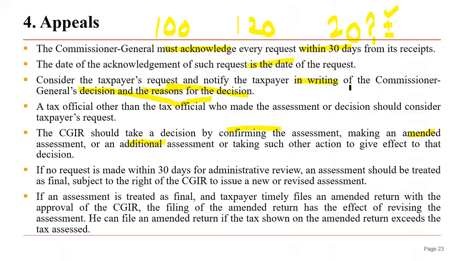If no request is made within 30 days from the administrative review, the assessment is treated as final. If you do not appeal within 30 days, the assessment is treated as final.